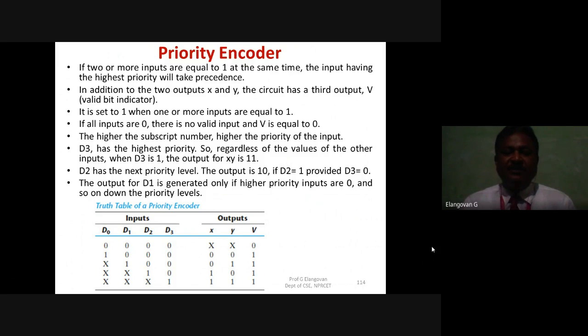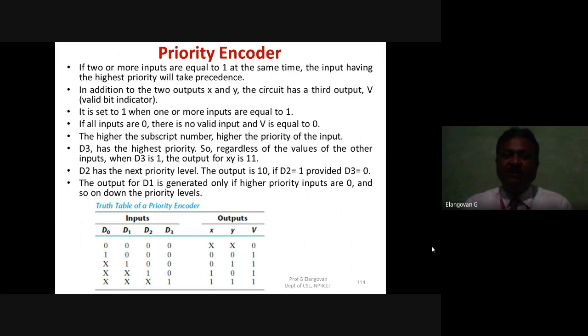As long as D3 is 0, depending on the D0, D1, D2 values, the output will respond. When D3 goes to 1, only it is activated, irrespective of D2, D1 and D0. In the output column, V is given to indicate valid outputs.